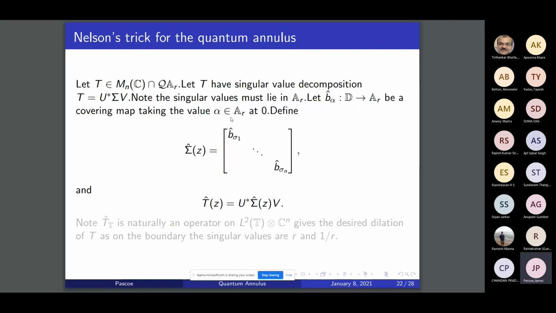So now let's define our sigma hat by putting those covering maps on the diagonal.